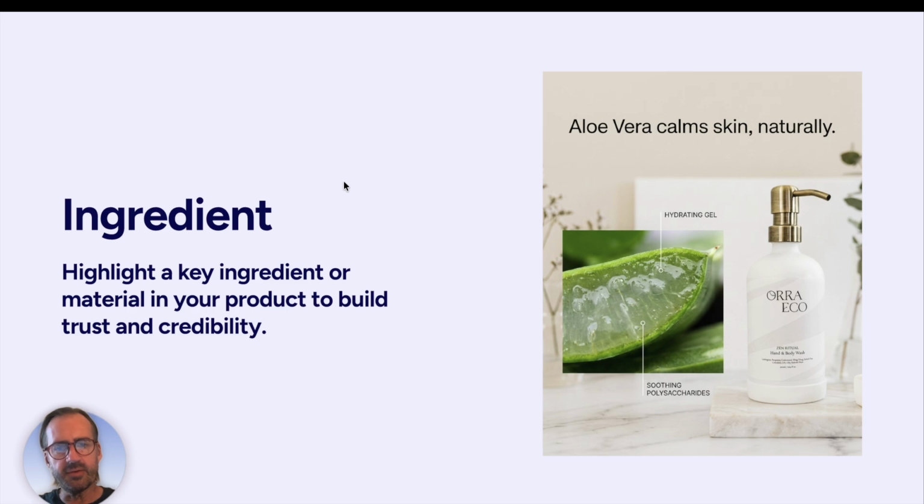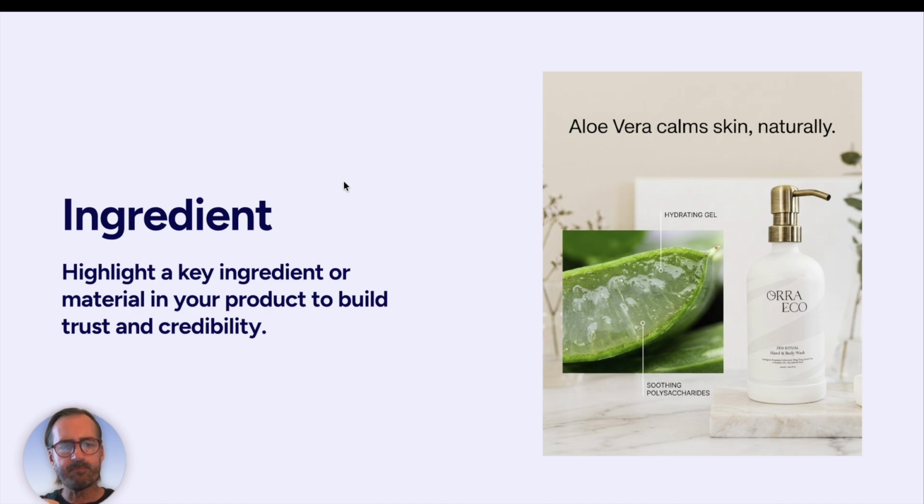Love this one. So this one is all about calling out a key ingredient or material, the special thing that is used in your product, and using it for trust and credibility. So for example, here we have a big zoom in on some aloe vera plant there, and that happens to be a key ingredient, a special ingredient in this particular hand and body wash.